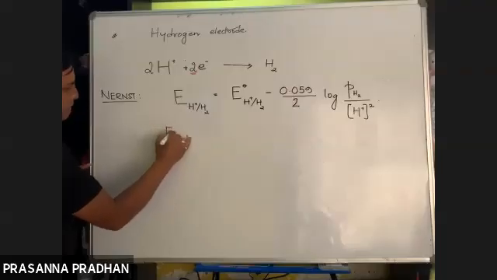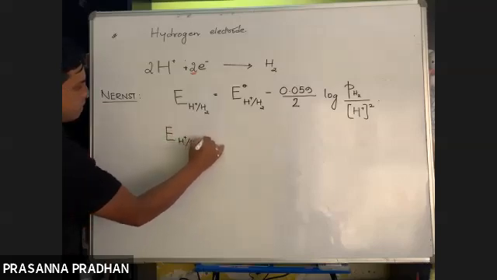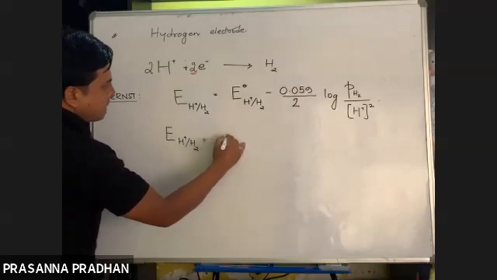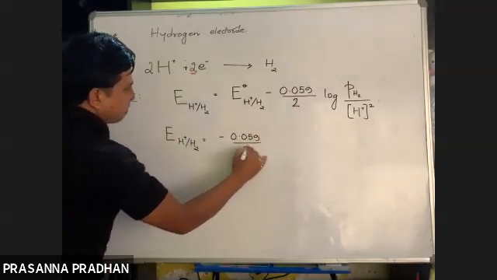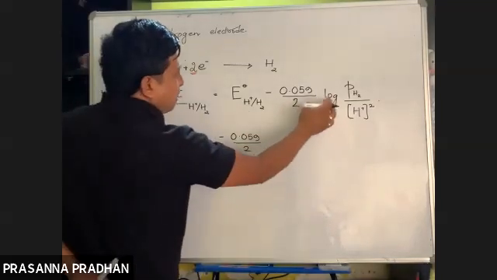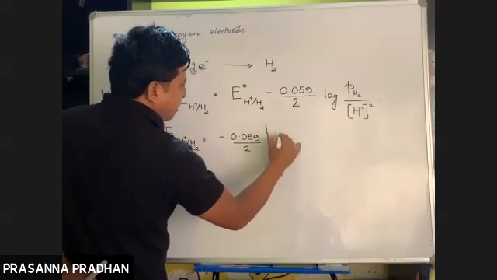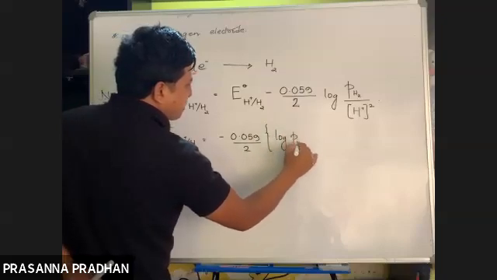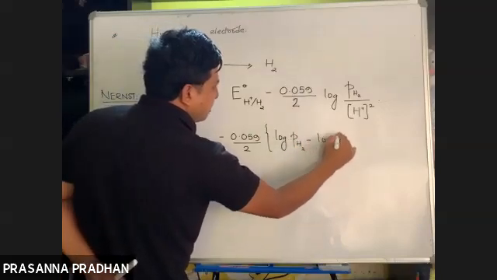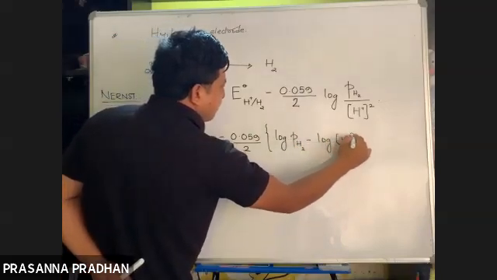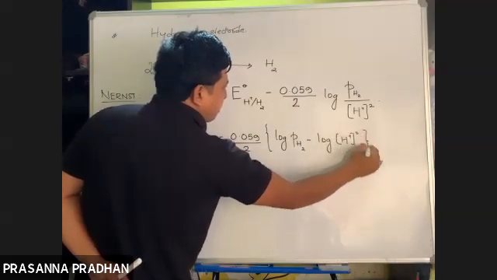So we can write E of H+/H2 will be equal to 0 minus 0.059 divided by 2. Now I apply the formula log A by B is equal to log A minus log B. So it will be log partial pressure of hydrogen minus log H positive to the power 2.